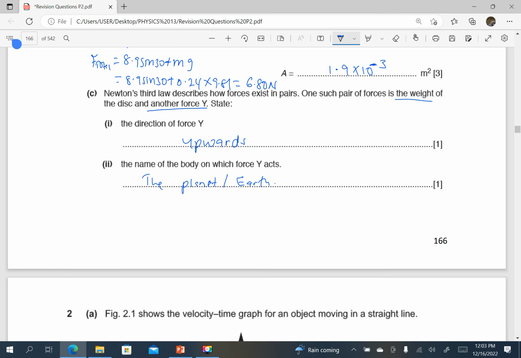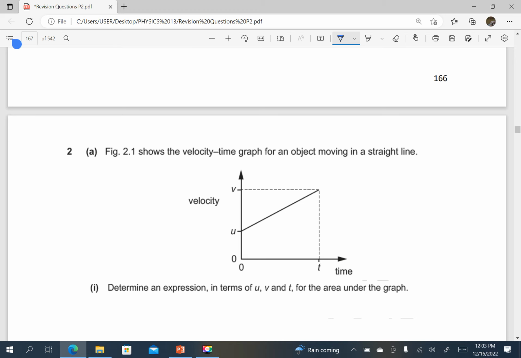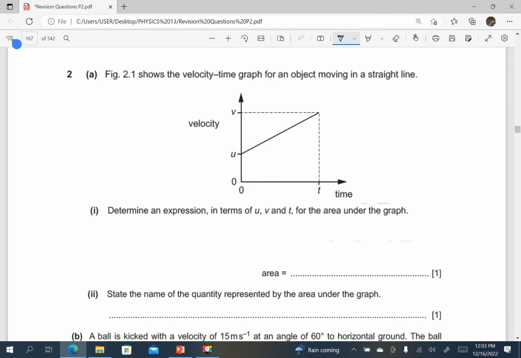Okay. The figure shows the velocity time graph for an object moving in a straight line as shown here. Determine an expression in terms of u, v, and t for the area under the graph. So we can try to find area. I'll divide this into 2. And this part here, this is time, this is 0 to t. So this is going to be u times t.